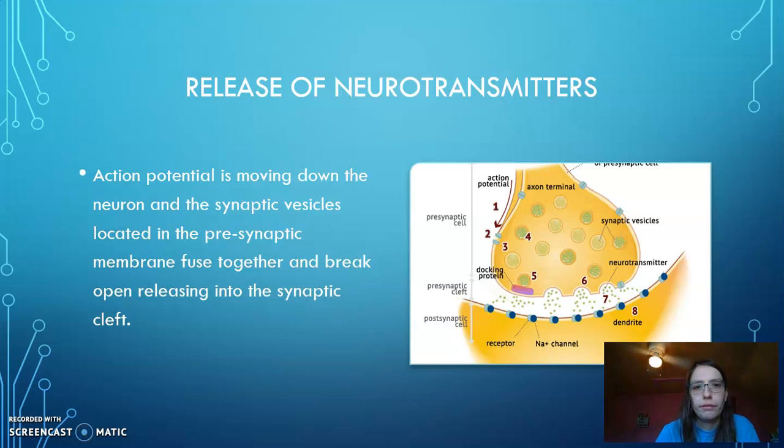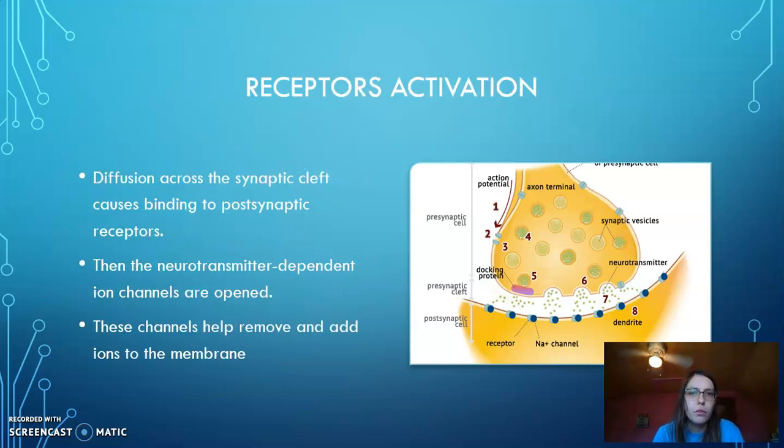The synaptic cleft is the little opening part in the picture. And then your receptors get activated. This happens when diffusion across the synaptic cleft causes binding to the postsynaptic receptors.